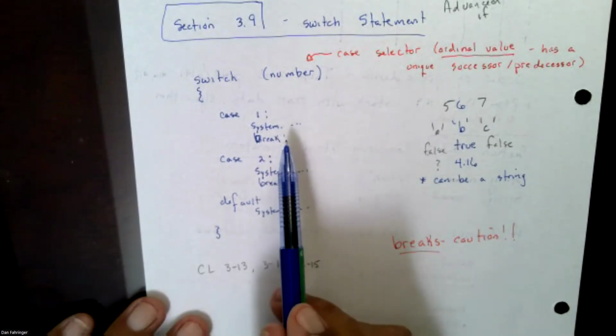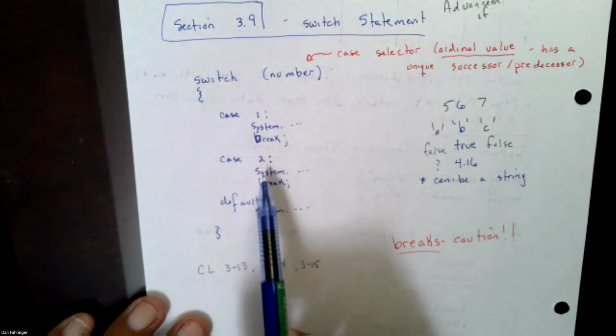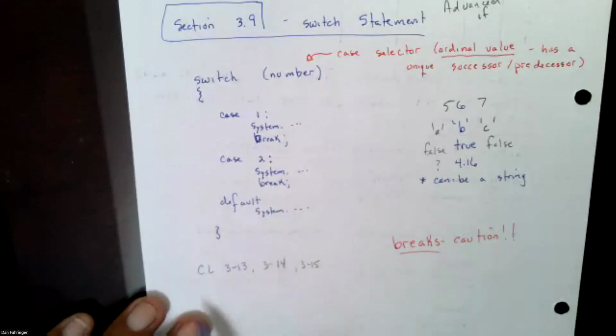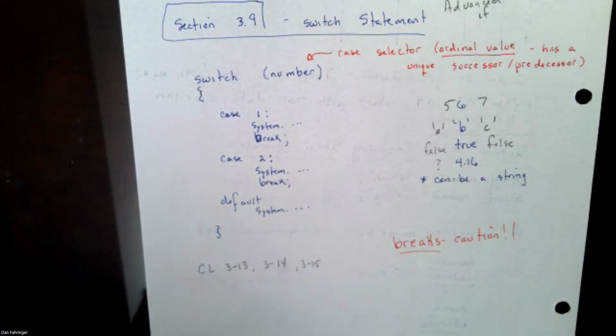If the break is eliminated here, it would go case 1 and it would keep trickling down into case 2 and then it would break out. So be really cautious with breaks. Be really cautious with breaks. Questions on what we did with the lecture for the rest of chapter 3?